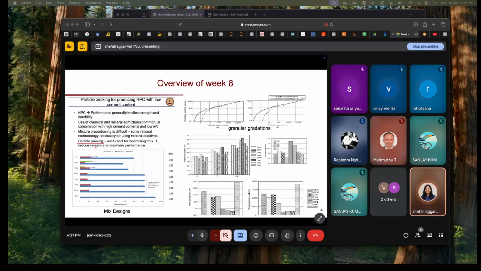Now particle packing is done. After that, what we are checking is properties, strength as well as durability properties. These are the graphs for the strength. Compressive strength and flexural strength have been tested for 8 types of mixes at 3-day, 7-day, and 28 days.